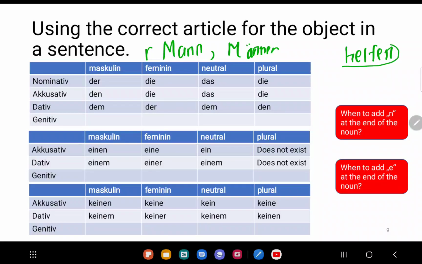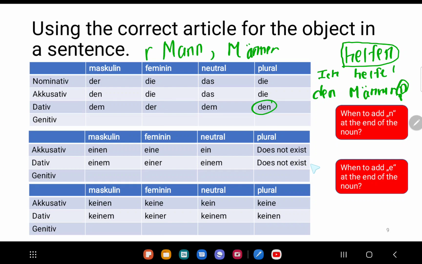Helfen is a dative verb, so the first object will be dative. If you want to say I help the men, you will say ich helfe den Männern, but you have to add n at the end. Why? Don't ask me, that's the German language. So whenever you have plural in dative, you have to make the ending of the noun sound like n.